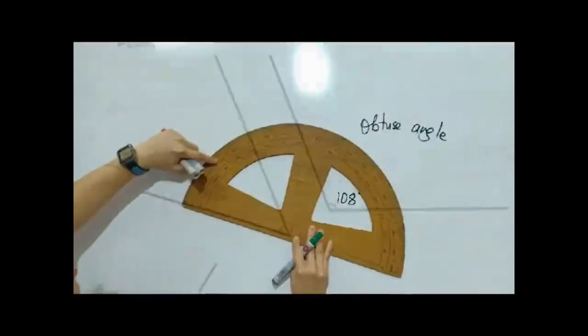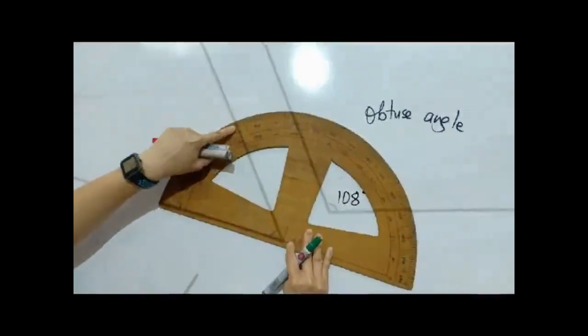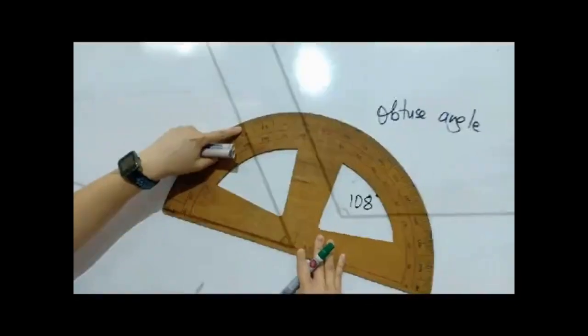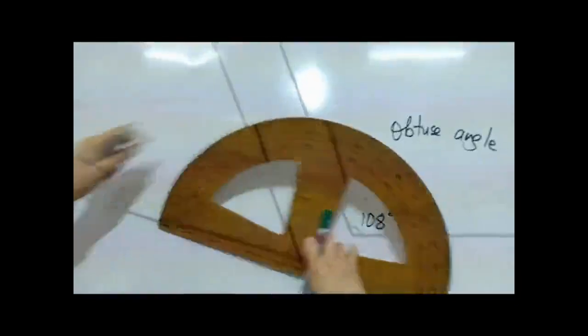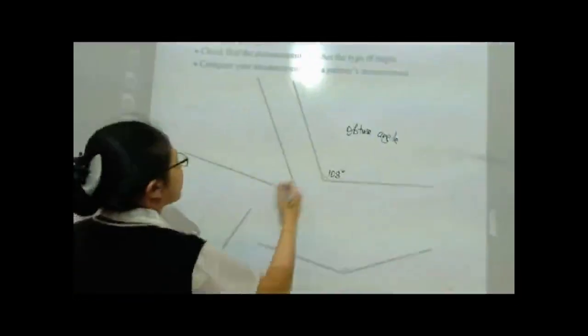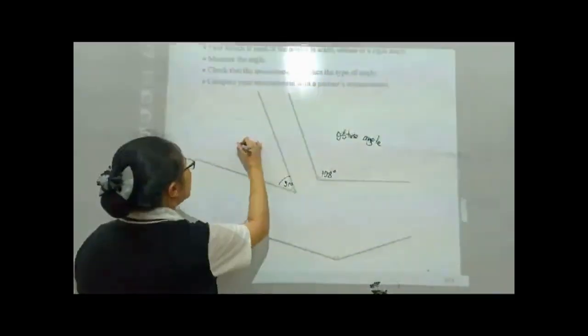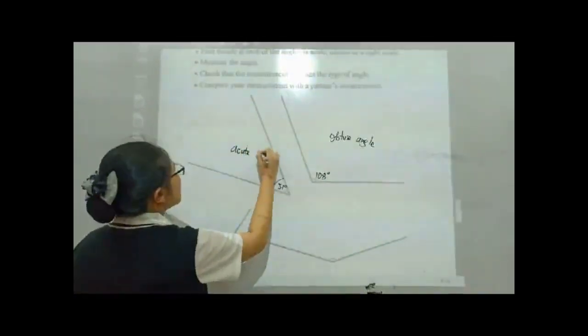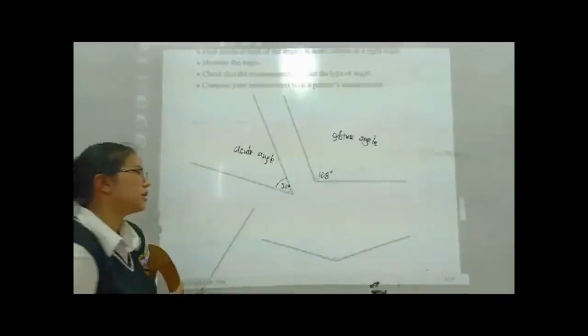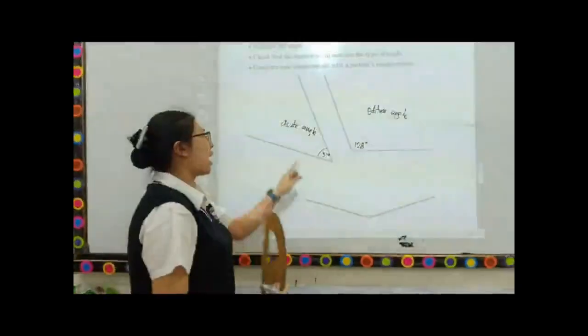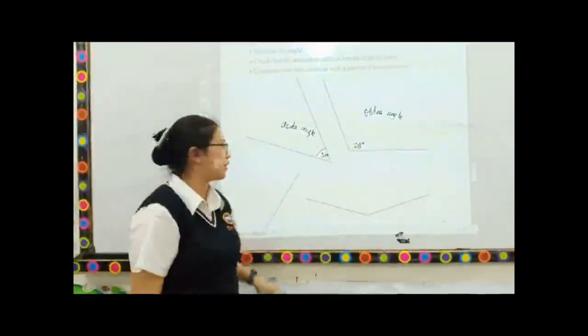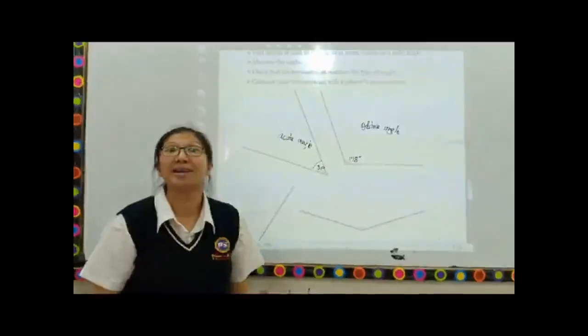You see the line lays here. This is 50, 51. So this is 51 degrees, which is also an acute angle. So that's how you measure an angle. I have answered two questions for you. You're going to answer the rest all by yourself.